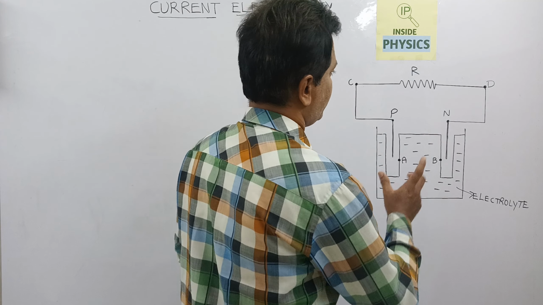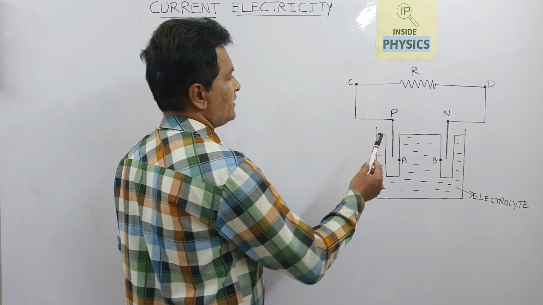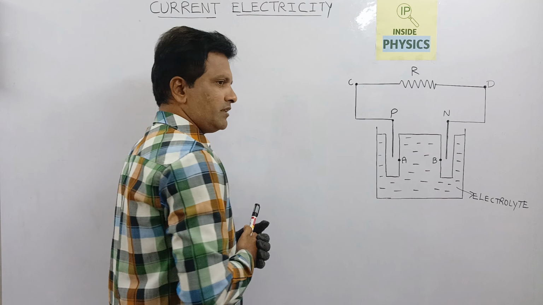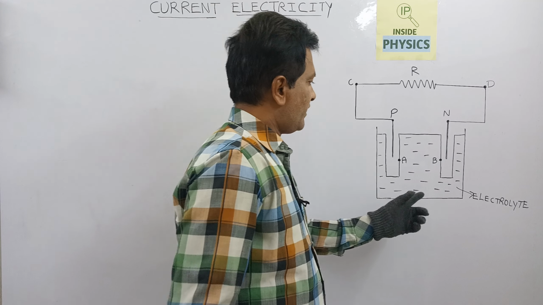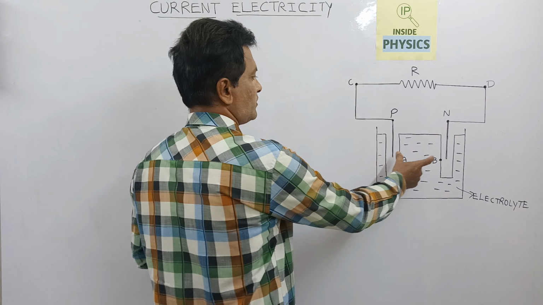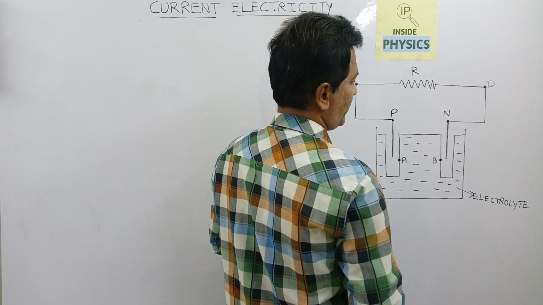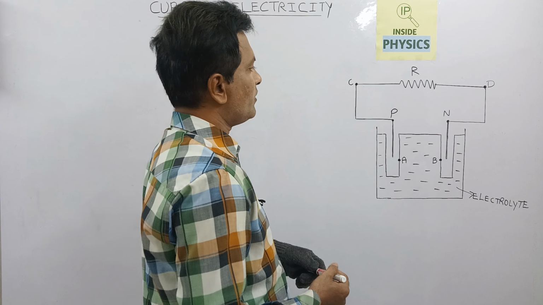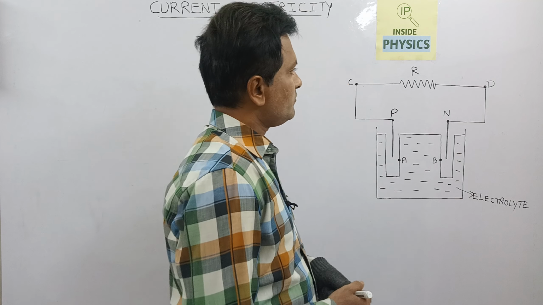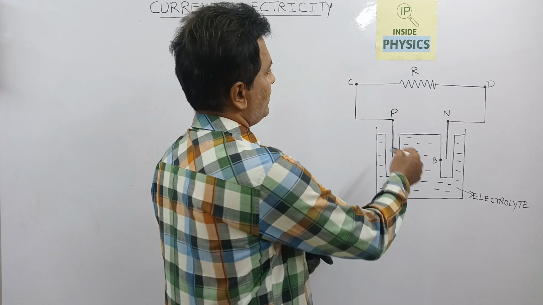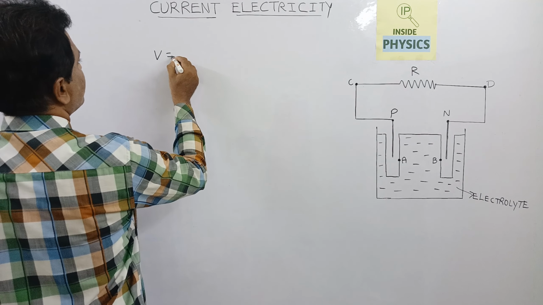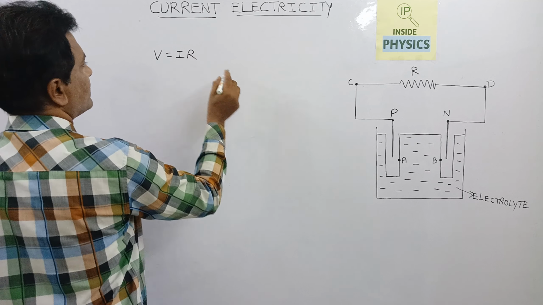For simple understanding, we connect a resistor of resistance R to the electrolytic cell with two electrodes dipped in the solution. By Ohm's law, V is equal to IR.